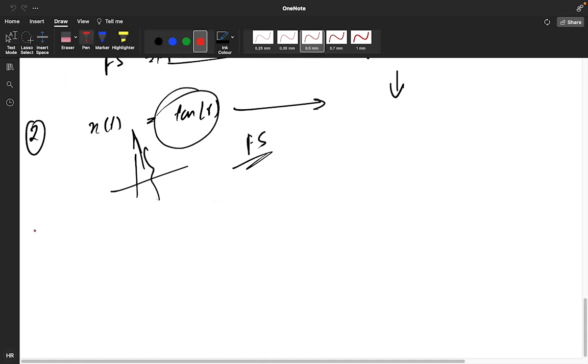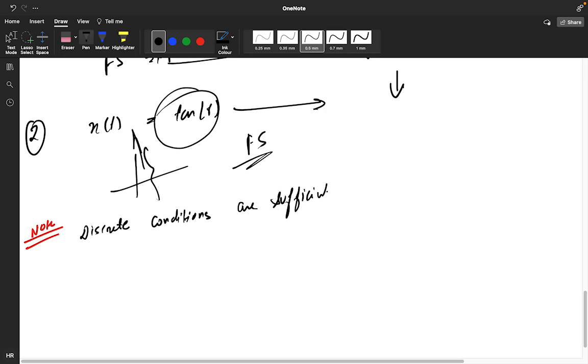For a signal we want to express as a Fourier series, the Dirichlet conditions being satisfied is sufficient, but it is not a necessary condition.